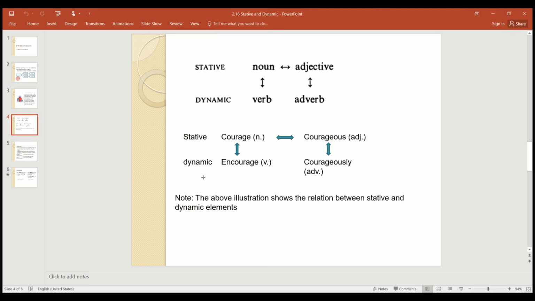And on the different horizon, we have a relationship between the stative and dynamic elements, which is to derive a verb from a noun or vice versa. So we can have encourage from courage or vice versa. And also we can have courageously from courageous. We can have an adverb derived from an adjective. And in other resources, it's worth mentioning that even among the dynamic elements, we can have relationships, with different examples, of course.